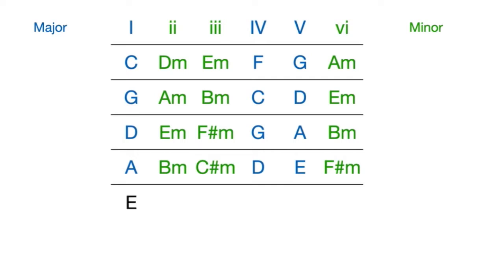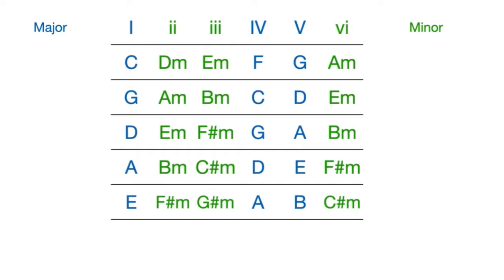In the key of E, we would have E, F sharp, G sharp, A, B, and C sharp. So the major chords are E, A, and B, and the minor chords are F sharp minor, G sharp minor, and C sharp minor. And we'll do one more because F is also a pretty common key to play in.